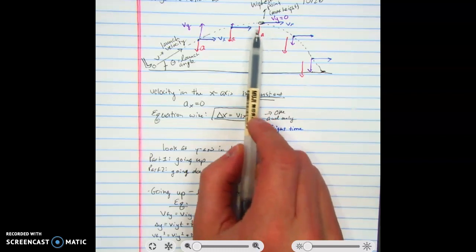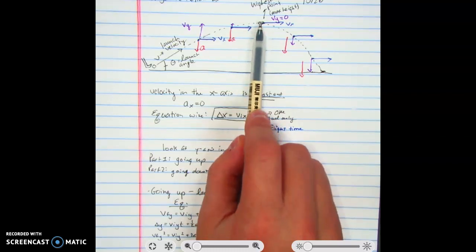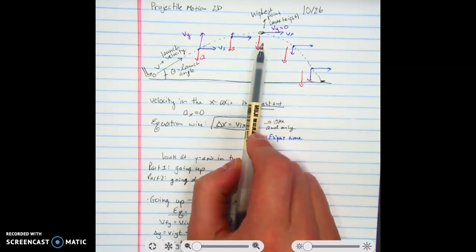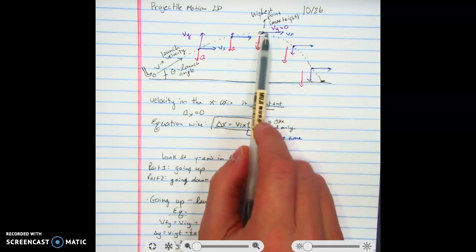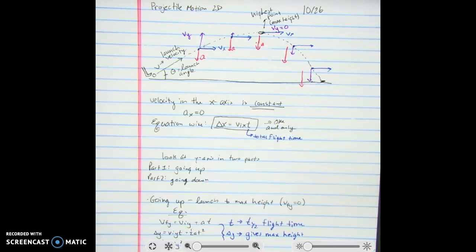So for a split second in time, there is nothing pushing it up anymore. All you have is things pulling it down in the y-axis. So at this exact moment, there is no velocity in the y-axis. We call that our v final y.